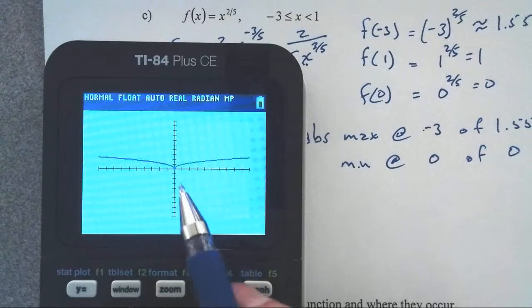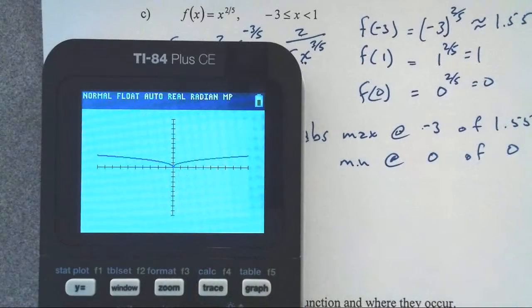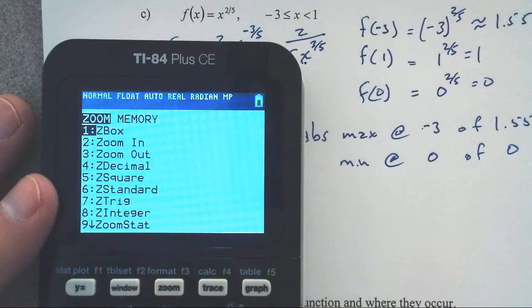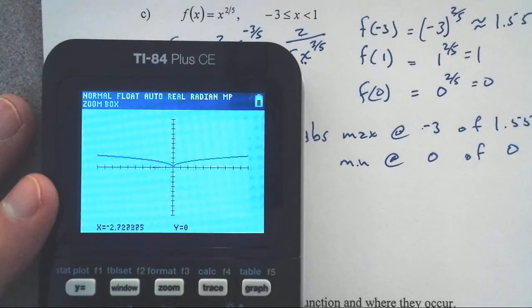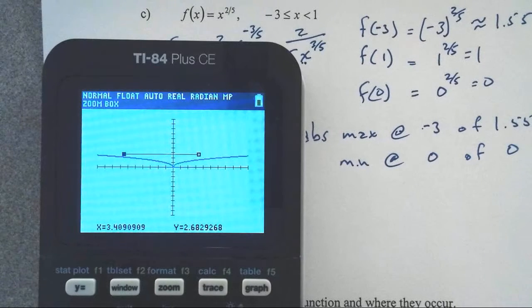There's kind of that indication of what might be a cusp where the slope is approaching negative infinity. Maybe I'm going to zoom box this a little bit here, over a ways, maybe about right here. Just trying to get a little bit better look at what's happening at 0, how steep that curve appears to be getting.